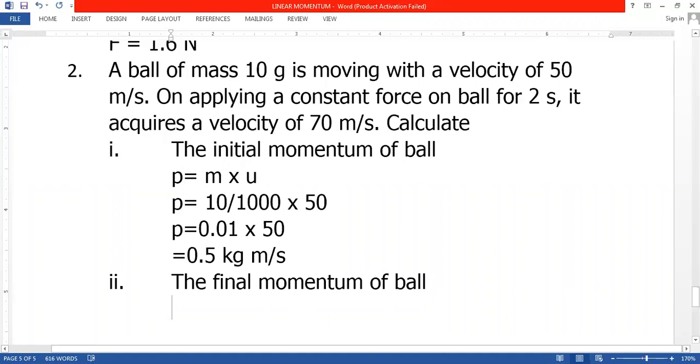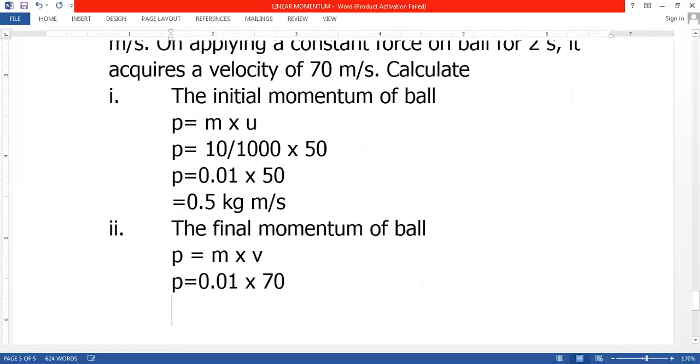The final momentum P is equal to mv. Mass is the same, which is 0.01 into 70. So you will find your final momentum is coming out to be 0.7 kg meter per second.